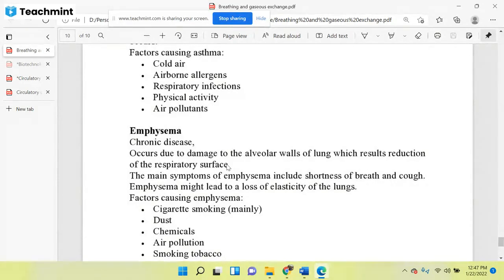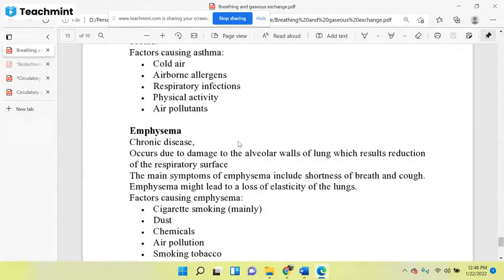And if anything happens with the respiratory surface, or we can say the alveolar wall, then whatever respiratory surface should be there will not be there, and the proper amount of exchange of gases will not occur. So in this disease, emphysema, the alveolar walls will be affected, and after that it will result in the reduction of respiratory surface.